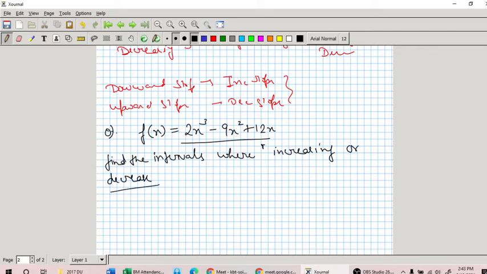And you will say how this problem is related with business or economics.